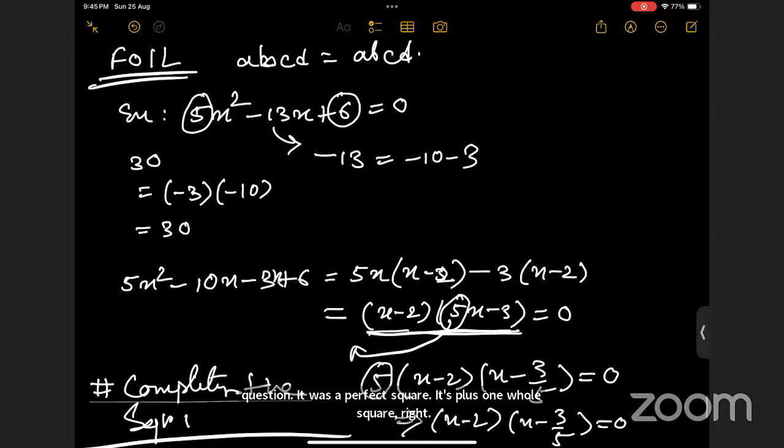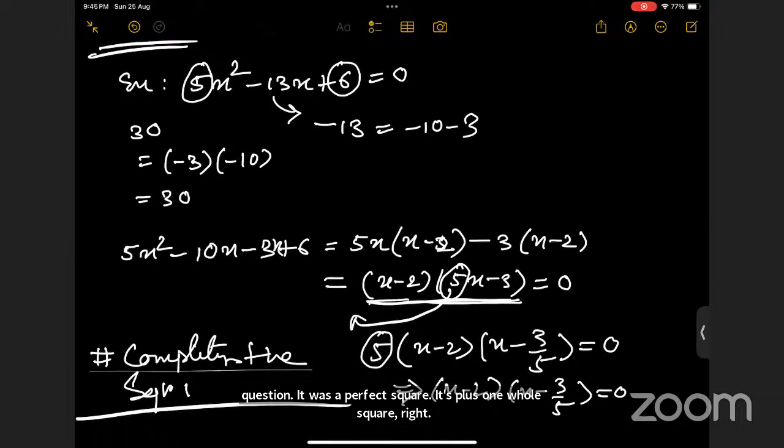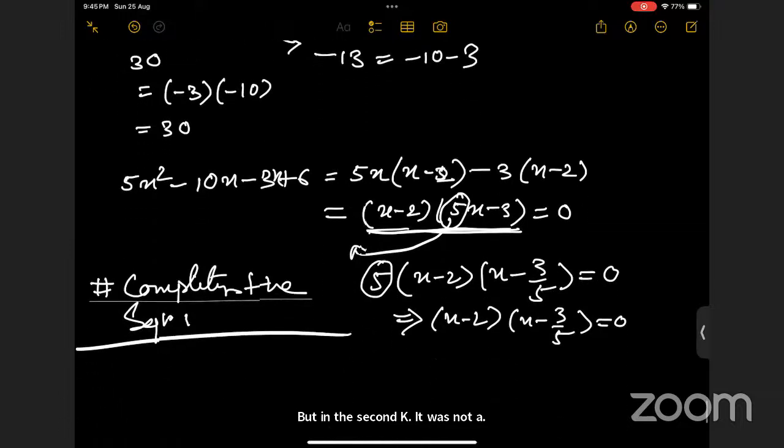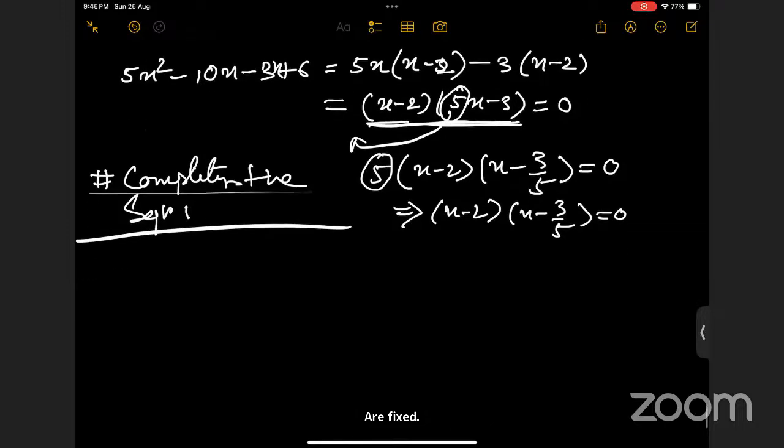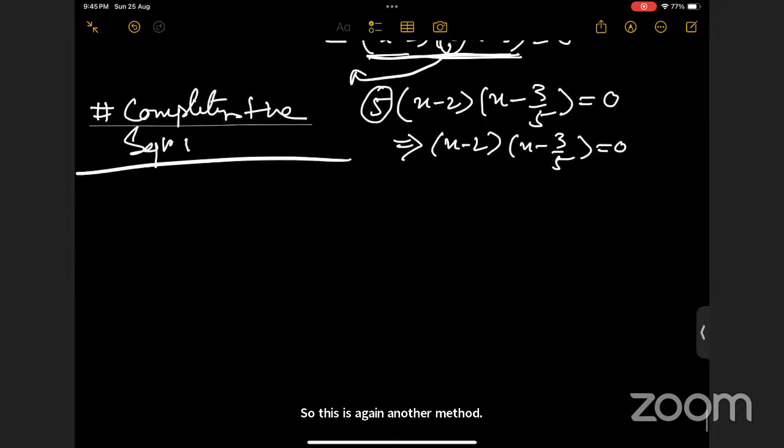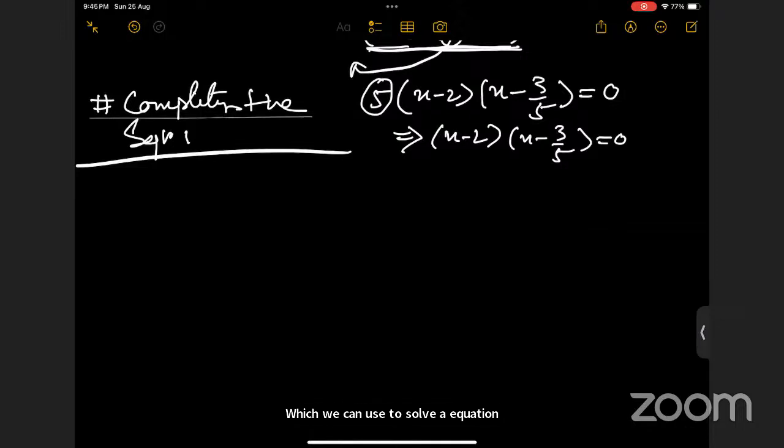But in the second case, it was not a perfect square. So this is another method which we can use to solve an equation. If we have any arbitrary equation, we can do some little adjustment so that the equation will become a perfect square. And using this, we can solve the equation, right?